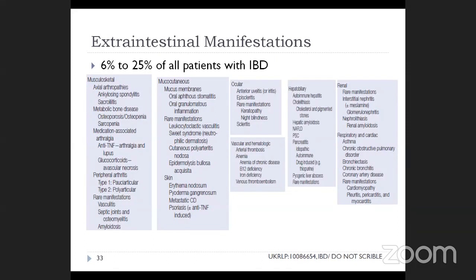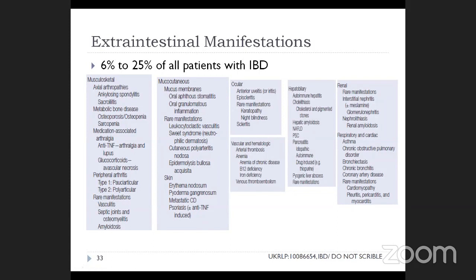The most common extra-intestinal manifestation is clubbing, and another group is musculoskeletal manifestations, especially ankylosing spondylitis and bilateral sacroiliitis. The sacroiliitis has to be bilateral, with both right and left sides involved, to say that it could be because of IBD.